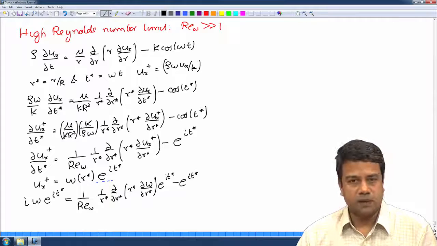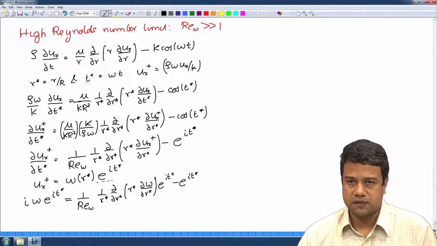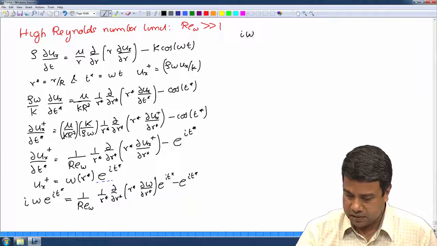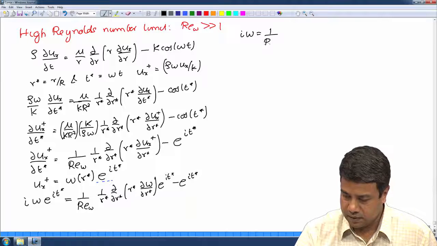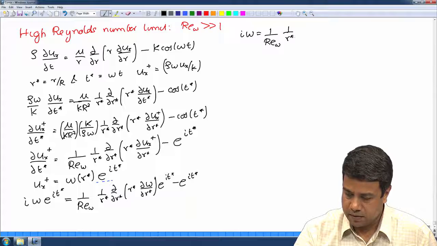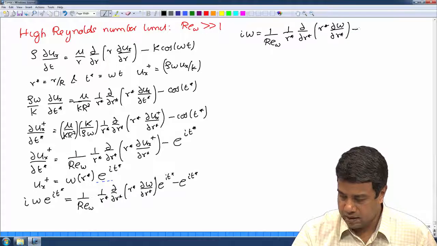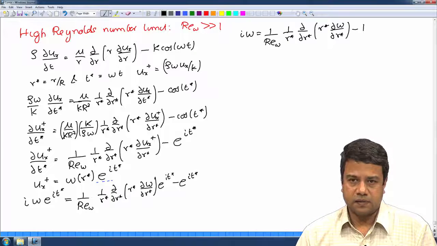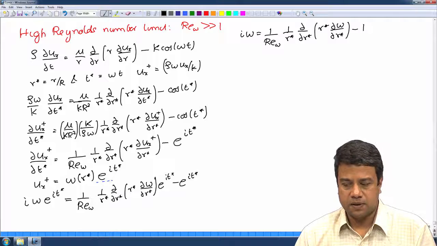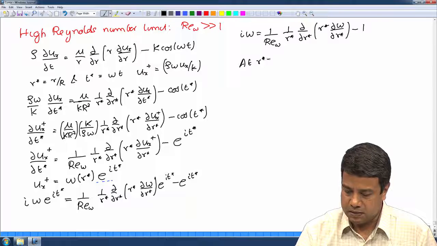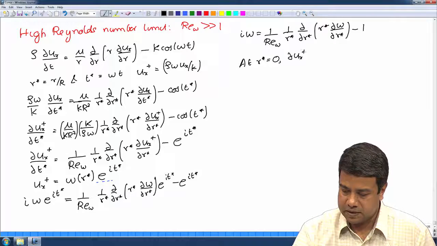And I can divide throughout by e power i t to get an equation for w alone. That equation for w will be i times w is equal to, minus 1. So, that is the final equation for w, and w has to satisfy the boundary conditions at r is equal to 0, partial ux plus by partial r is equal to 0.